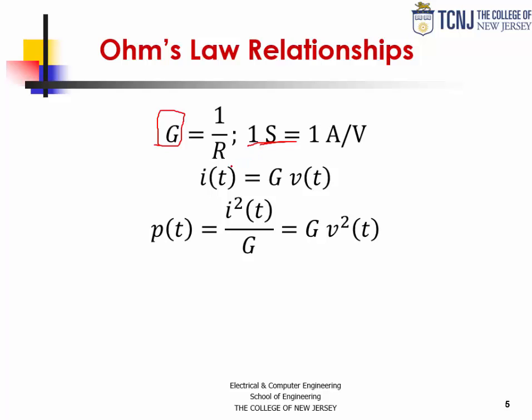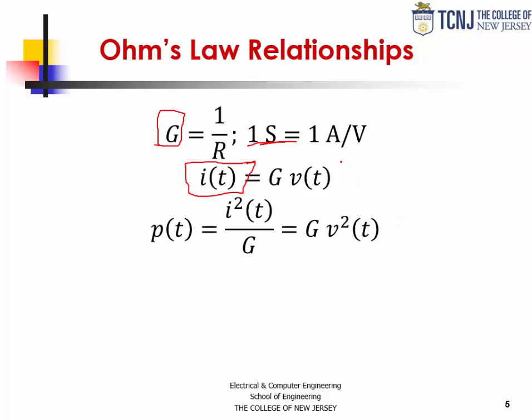The equation that relates these quantities is that the current through a conductance is equal to the conductance times the voltage applied to it. And similarly, the power is going to be the current squared divided by the conductance, or the conductance times the voltage squared. Do understand that a conductance and a resistor are the same device. It's just being expressed in different ways.